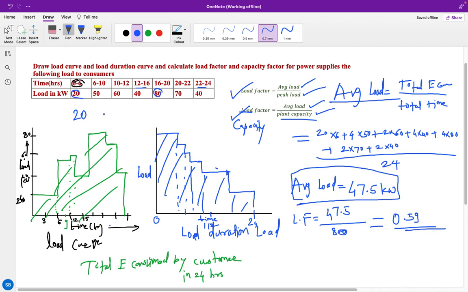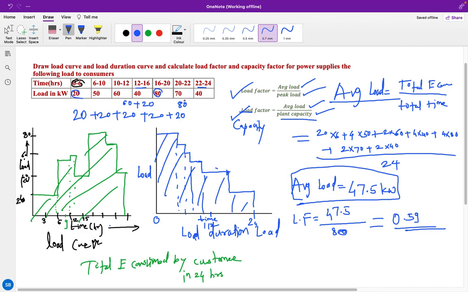To achieve 80 kilowatt, we can install four generators of 20 kilowatt, or one generator of 60 kilowatt and a second generator of 20 kilowatt, or one generator of 80 kilowatt. It totally depends on you. Now we have to install one more generator, which we can consider as a backup, or the reserve plant capacity.